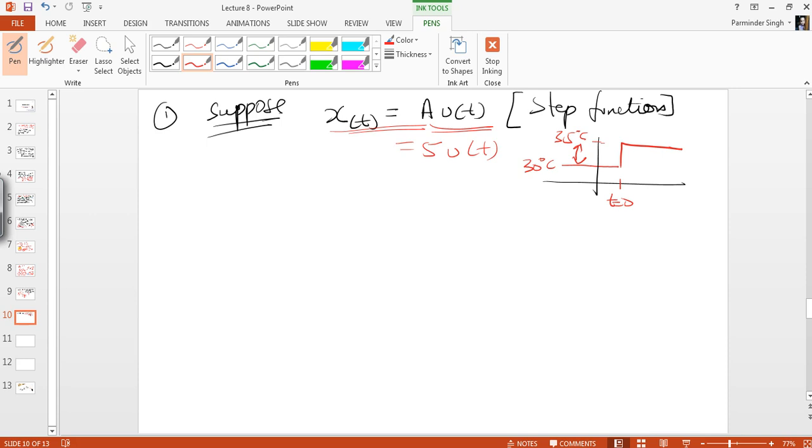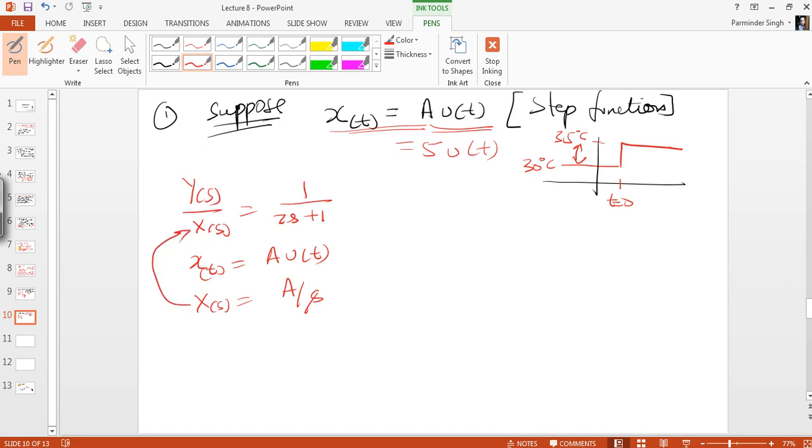Now we know that the transfer function of a thermometer is Ys upon Xs, which is 1 upon tau s plus 1. xt is A ut. So what will be Xs? It will be A upon s. Obviously the Laplace of this, A remains A, ut is 1 by s, so A by s.